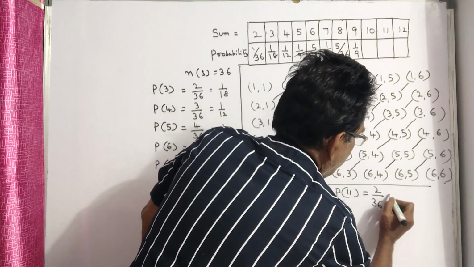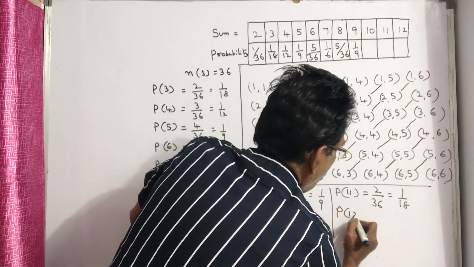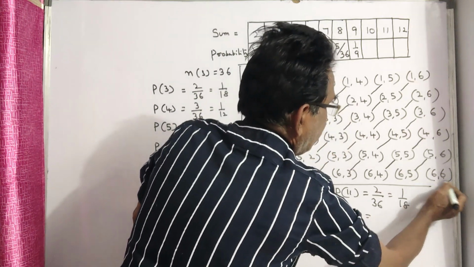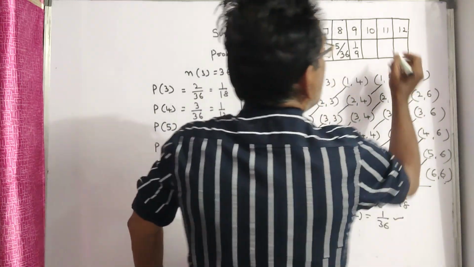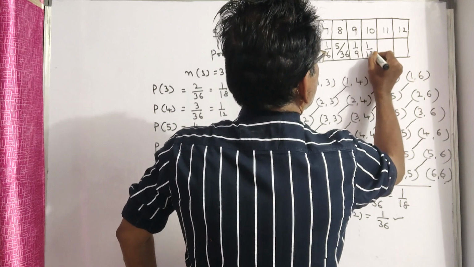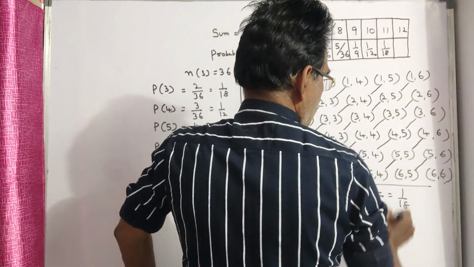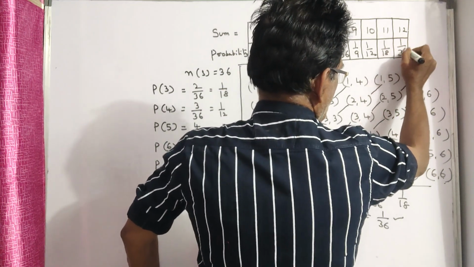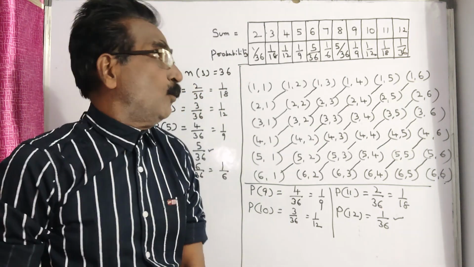Two outcomes are favorable, so 1 by 18. And for getting the sum 12, only one case, 6 plus 6, so 1 by 36 is the required probability. So now we have completed the whole table.